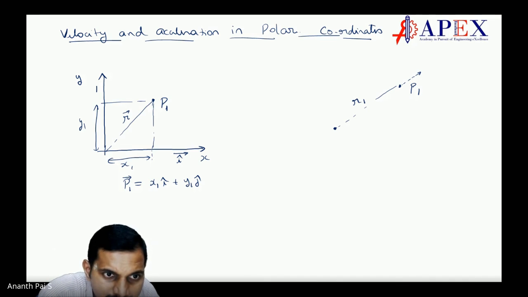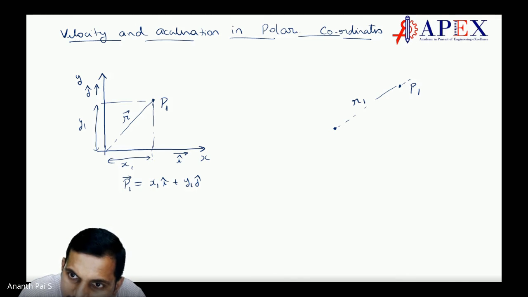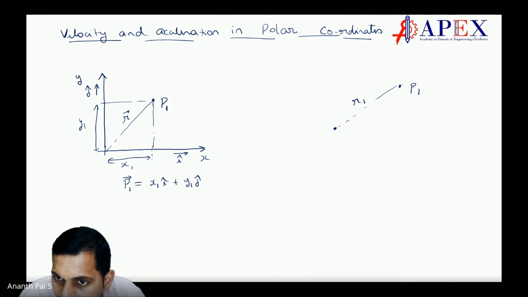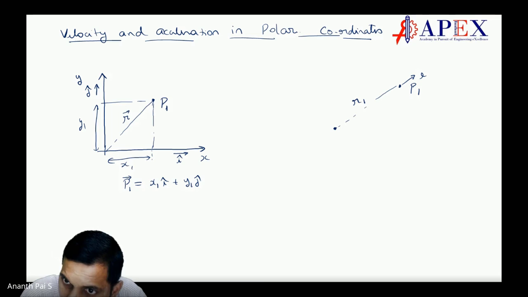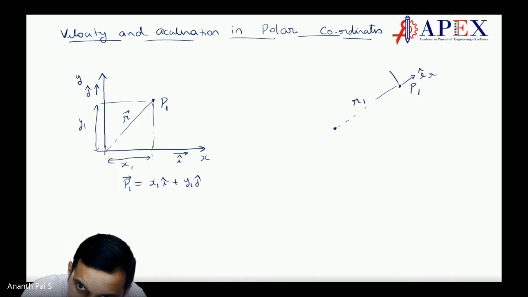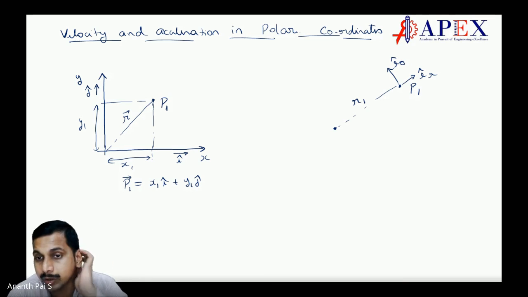And this is j unit vector, correct? Here, this unit vector I will say is e_r, the radial unit vector, and then e_theta, which is the angular unit vector along the tangent.